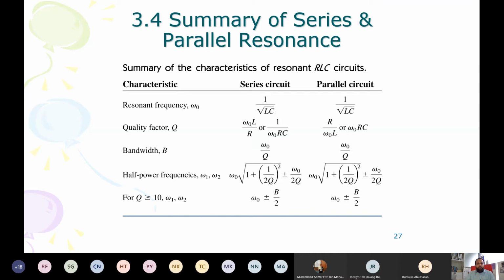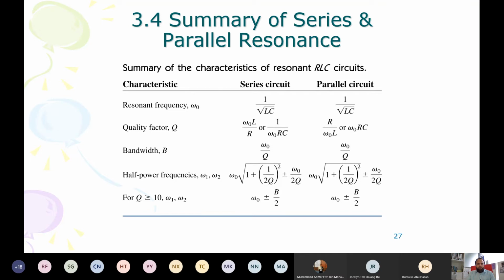From this one, you can get omega naught. You're given Q, L, and R. You can find omega naught, and then with this omega naught and R from the same Q, you can find C.